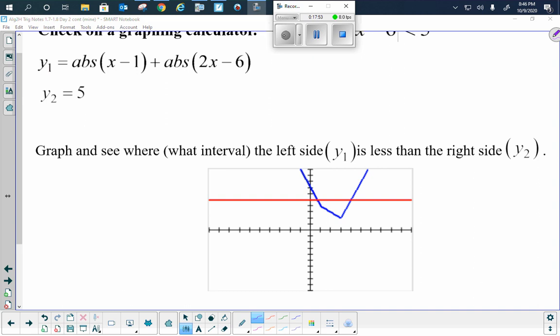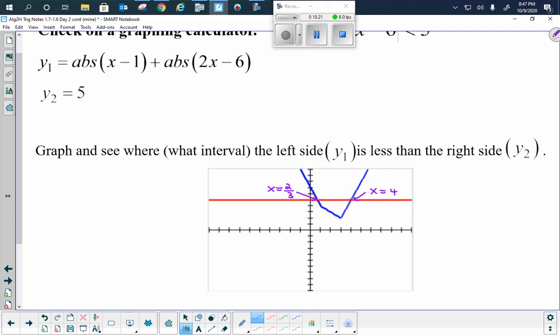Our interval, where something was happening, went from 2/3 to 4. Notice this x value right here that I'm pointing to is x equals 2/3. And this x value that I'm pointing at right there is x equals 4. So there's where the interval is.